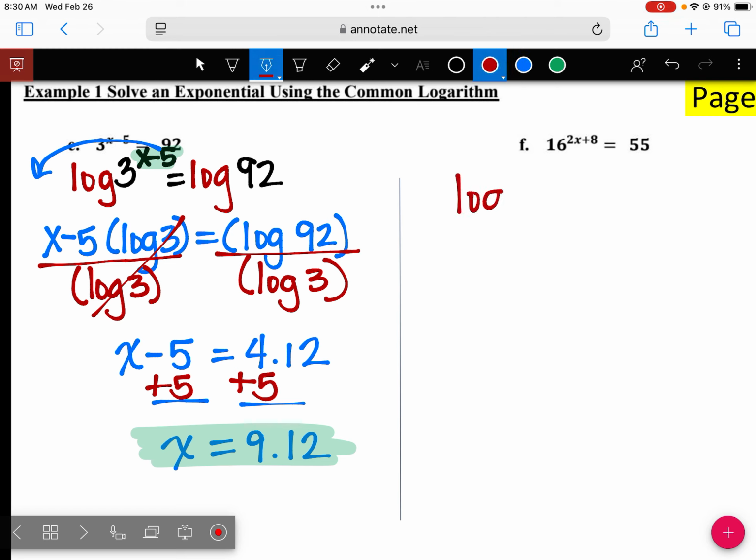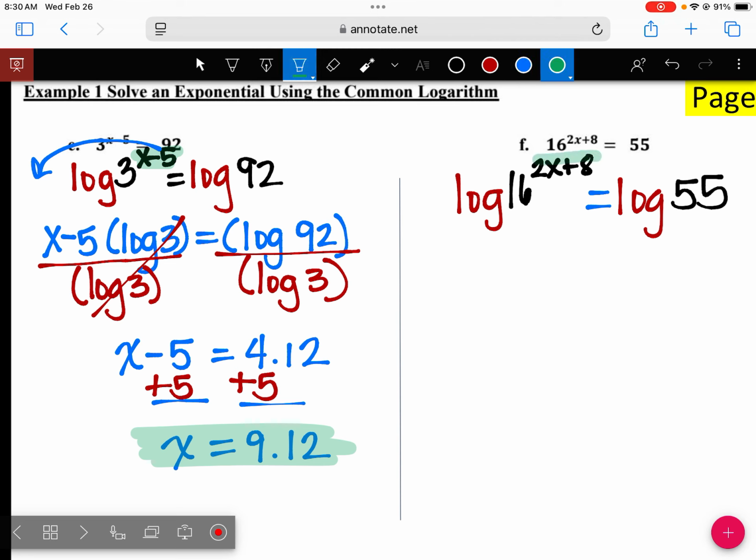So we have our log in on both sides. All right, this entire exponent gets moved to the front.